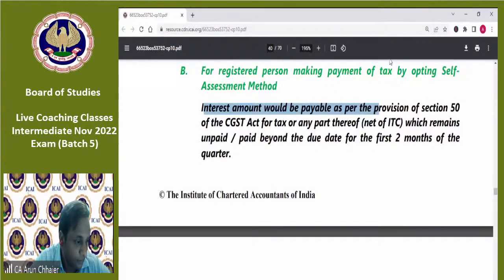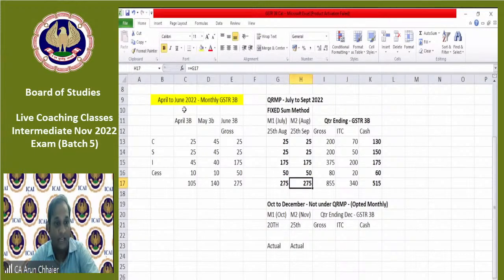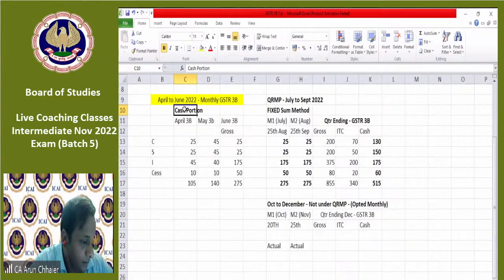In the last example, Shivam, this part was the cash portion only. This is representing the cash portion, not the gross liability.